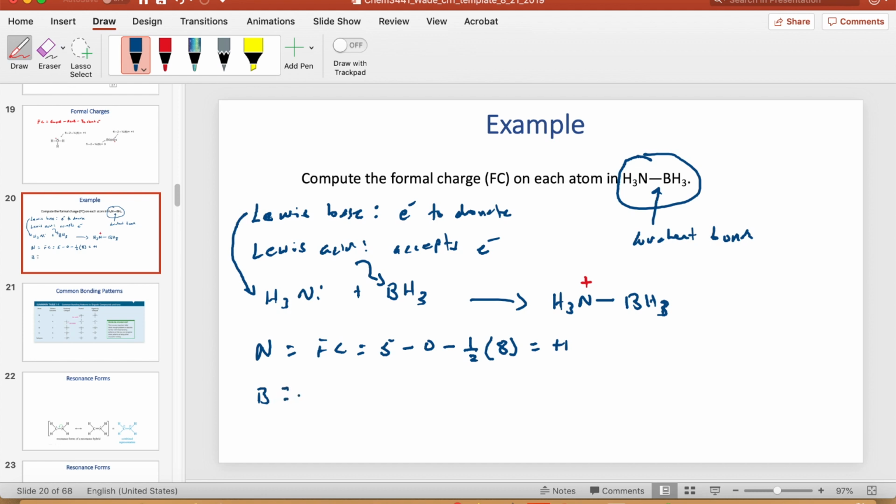So we have formal charge: group would be 3 minus the number of non-bonding, which is 0, minus 1/2 of all of the bonds, since we have 4 here, 3, and then this one counts, so that's 4. So that is 8 right here. And so this one would give you -1. So therefore, boron in this case is a -1 formal charge. So that's just an example of how to go about calculating formal charges.